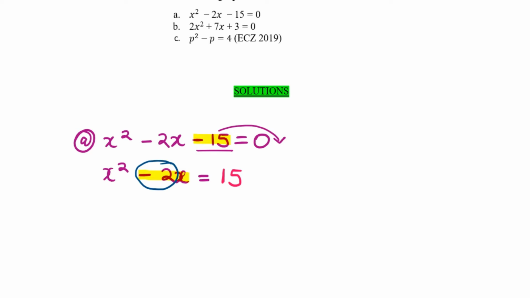So we'll say negative 2 divided by 2, which is the same as negative 2 over 2, and this will give us negative 1.